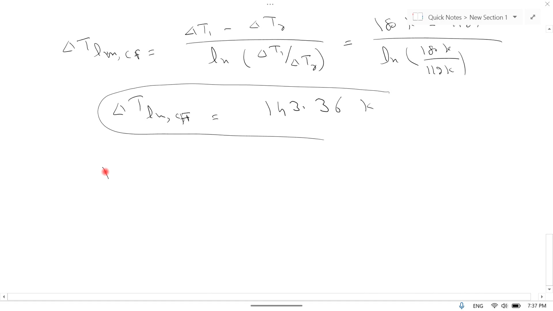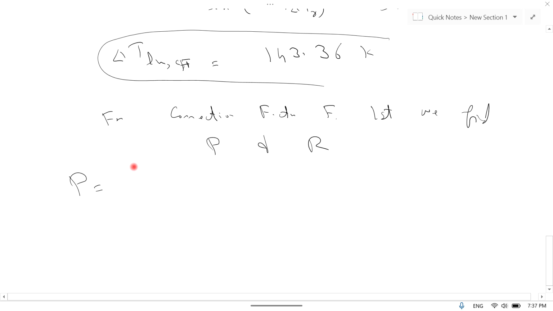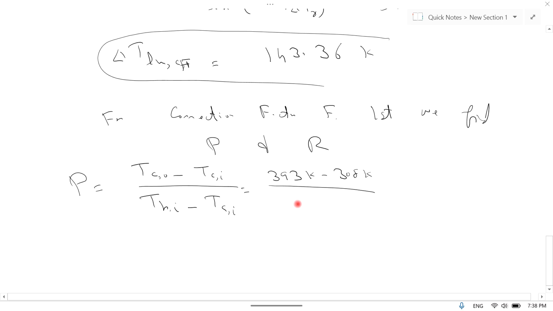So for correction factor F, first we find factor P and R. Factor P is equal to temperature of cold water outlet minus temperature of cold water inlet divided by temperature of hot water inlet minus temperature of cold water inlet, which is equal to 393 Kelvin minus 308 Kelvin divided by 573 Kelvin minus 308 Kelvin, which is equal to 85 Kelvin divided by 265 Kelvin.